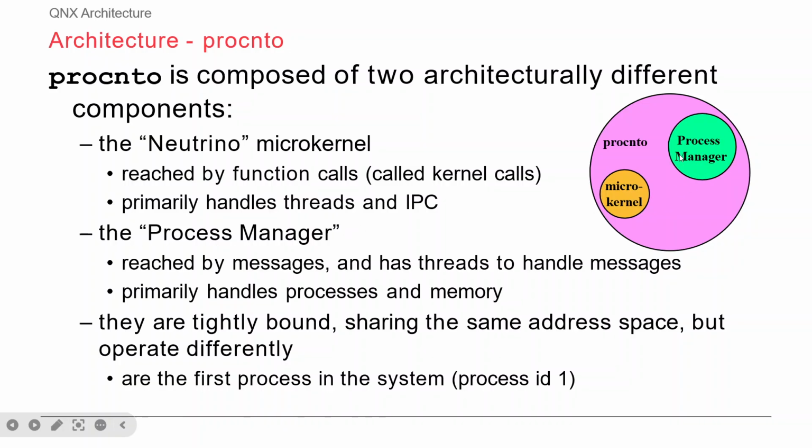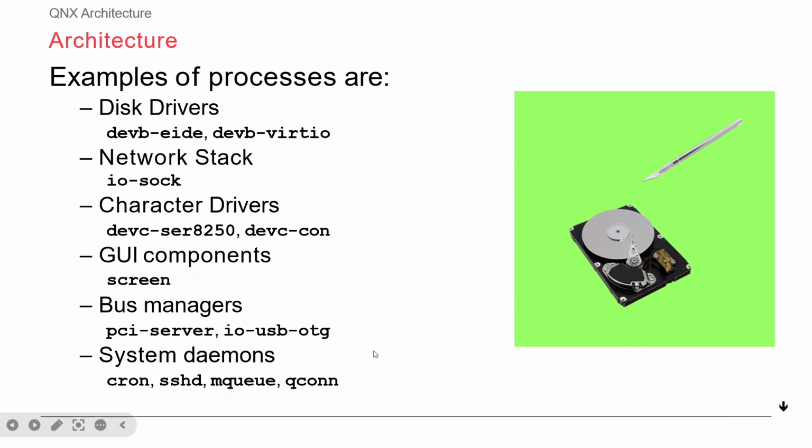It is reached by messages and has threads to handle the messages, and it primarily handles processes and memory. The examples of processes are disk drivers, network stack, character drivers, GUI components, bus managers, and system diagnostics.